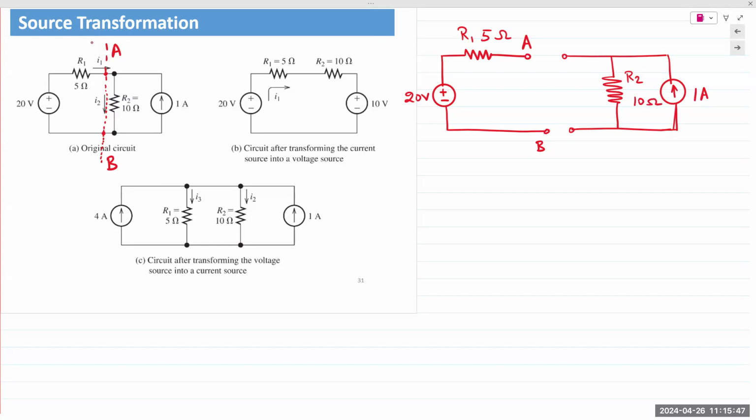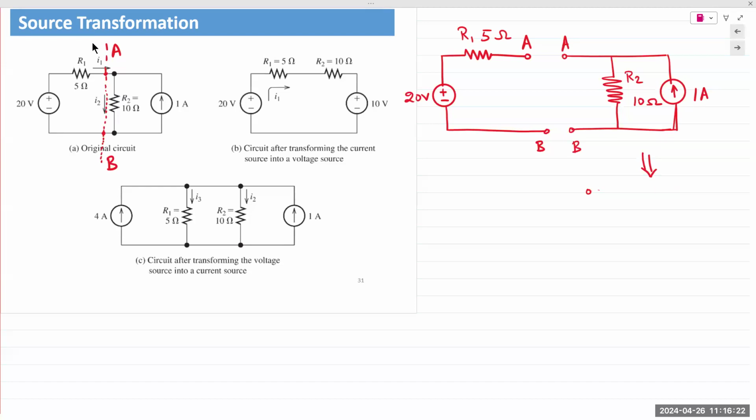Now, if we wish to transform this, we separate it out. So meaning let's look at the right side first. We took out the current source and there is a resistor in parallel. So we can say it is a Norton equivalent, right? And if it is a Norton equivalent, we can transform it into a Thevenin equivalent. We change this, keeping these terminals in mind.